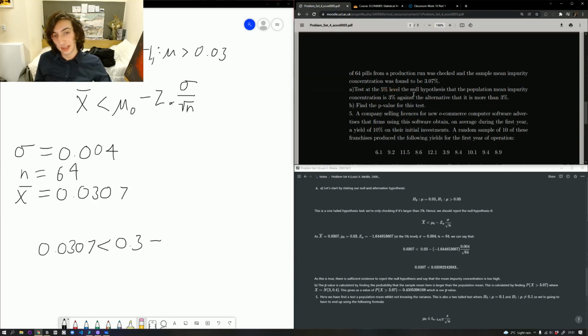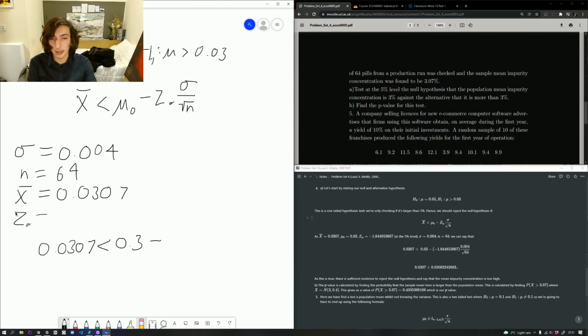Test at the 5% level, so that would be a 95% confidence interval, which gives z alpha as negative 1.644853667.